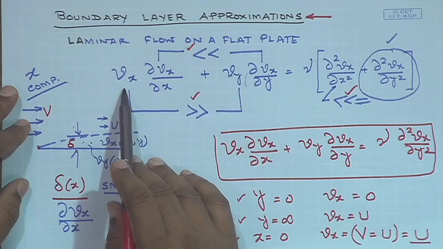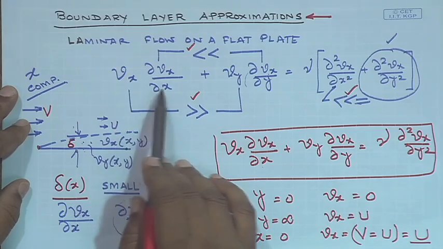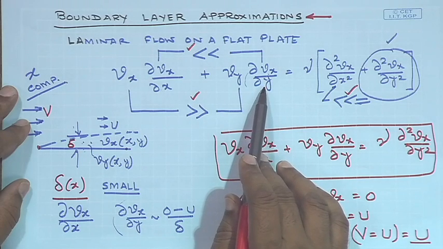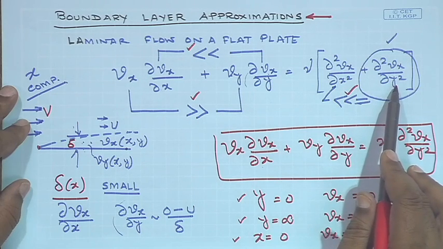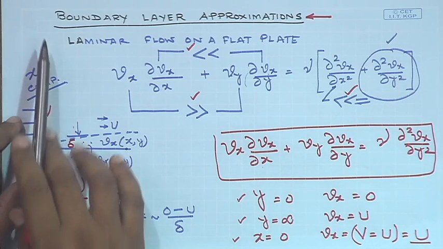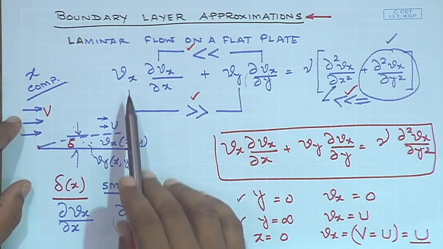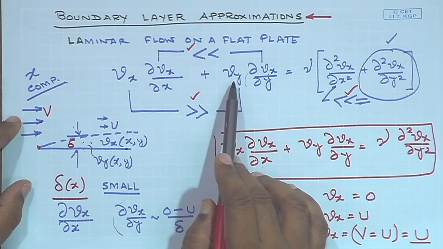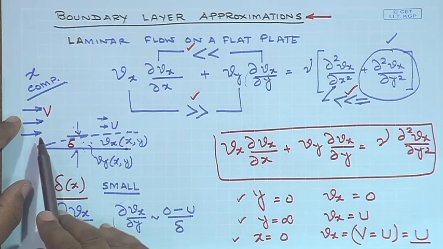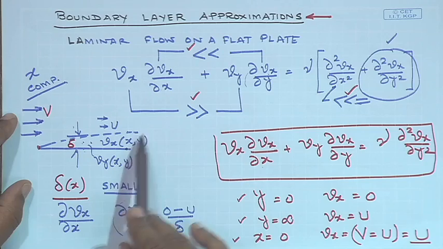The first two on the left hand side, as we have seen before, essentially refer to the convective momentum, and this is the conductive or molecular transport of momentum. And using the boundary layer approximations, what we have seen is that Vx is relatively large compared to Vy, because the principal motion is in the x direction.